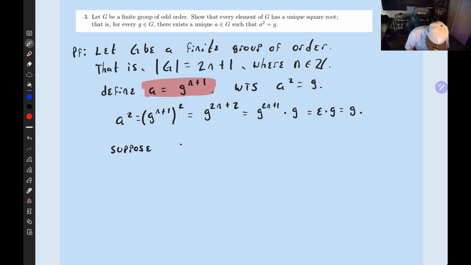So suppose that A squared is the same as B squared, which is the same as G, where A and B are elements of G.